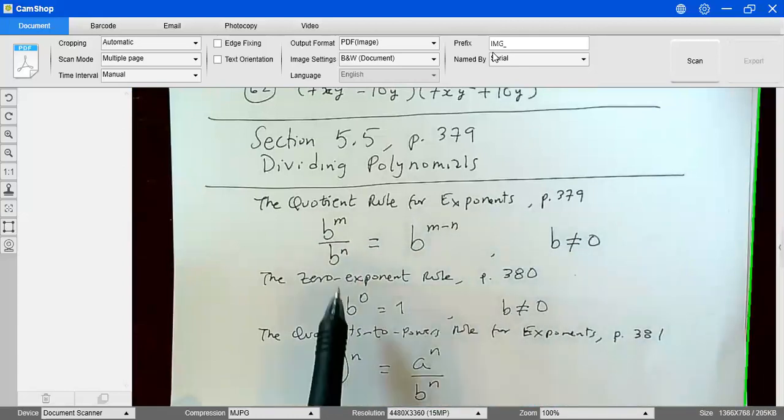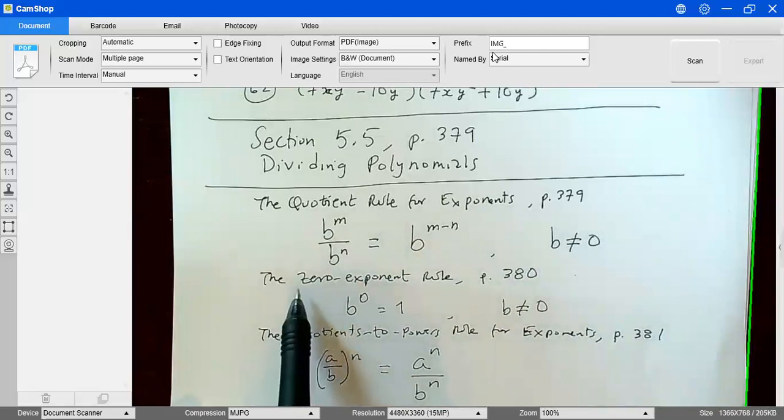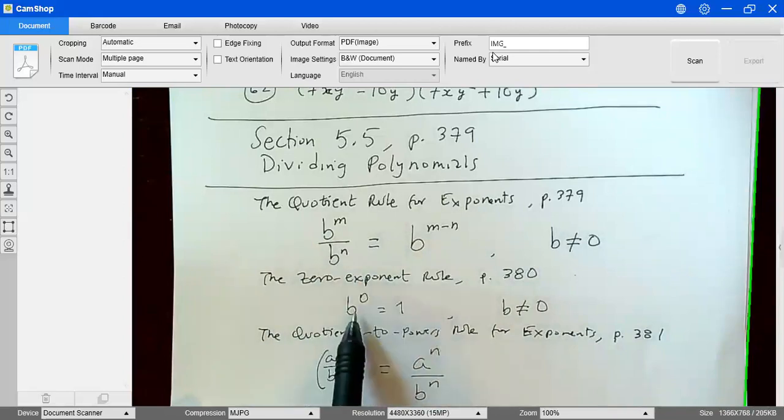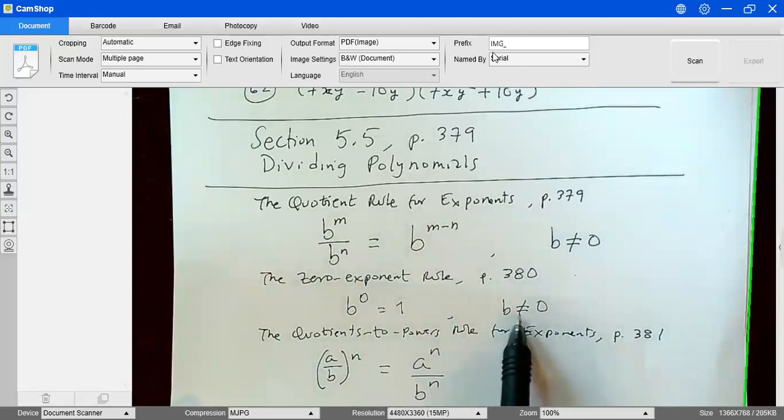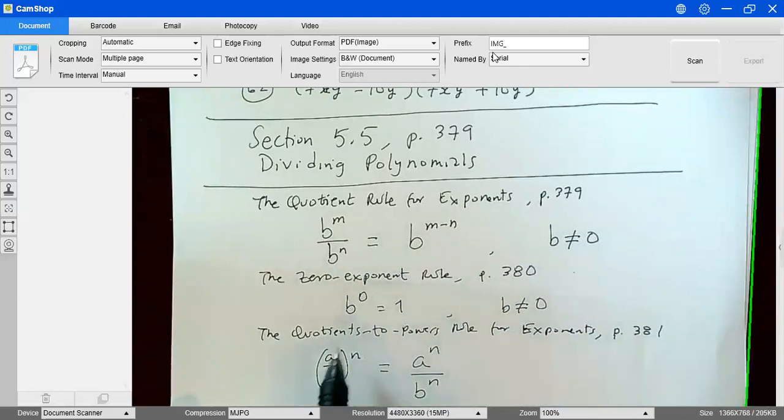There is another exponent rule. So the zero exponent rule is when you raise to the 0 power any base, the answer is just 1. And again, that base should be different than 0. Finally, we have the quotients to powers rule for exponents. And this is when you have a quotient, a fraction raised to a power.